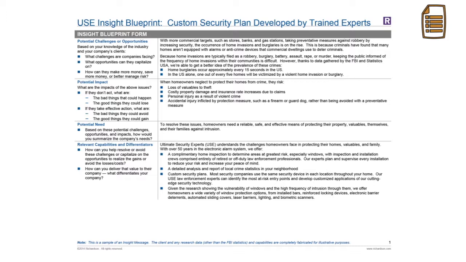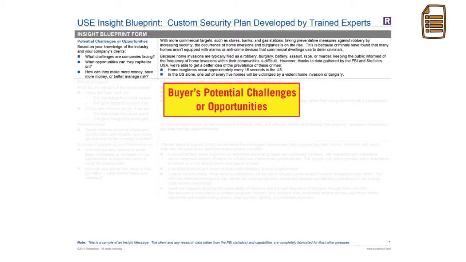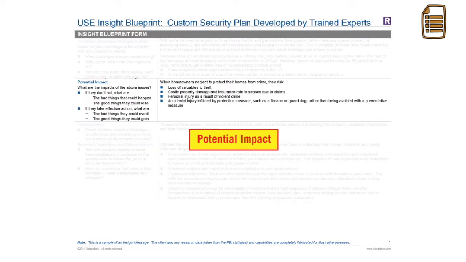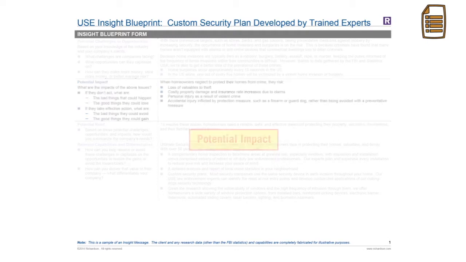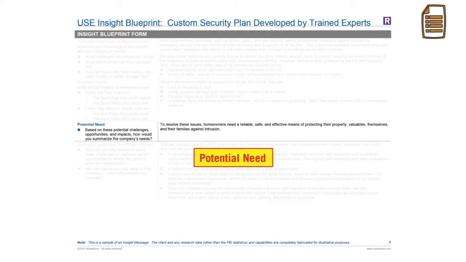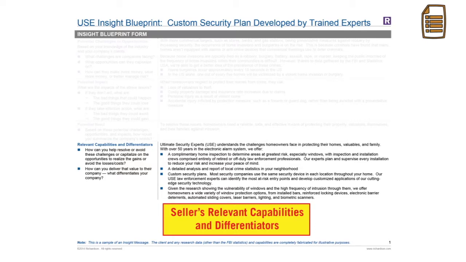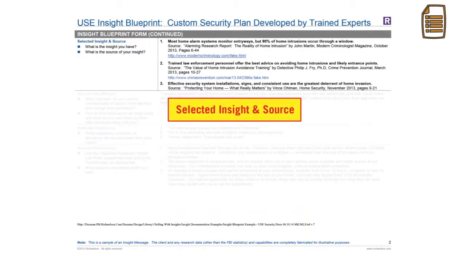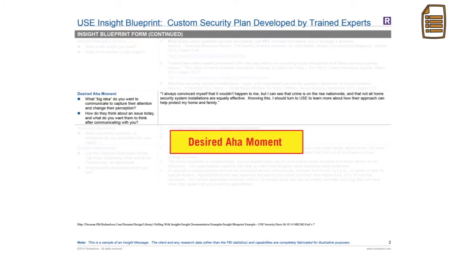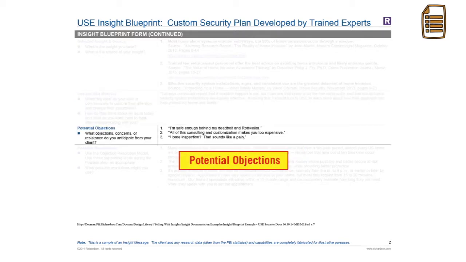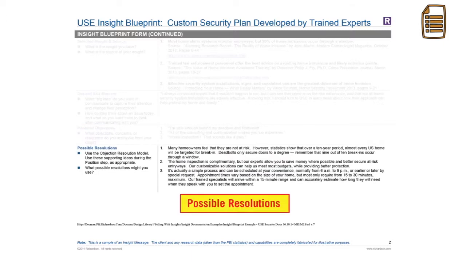The content in this document includes a description of a buyer's potential challenge or opportunity, the potential impact if the buyer takes action or doesn't take action, the potential need this creates for your buyer, your relevant capabilities and differentiators to help the buyer, sources that support the selected insight, which often come from third-party research, the desired aha moment that you are trying to spark in the mind of the buyer, potential objections or concerns that your buyer might raise in response to the idea you raise, and finally, possible resolutions to those objections.